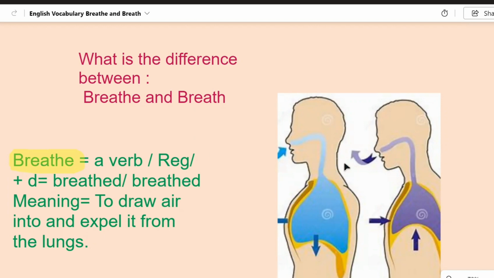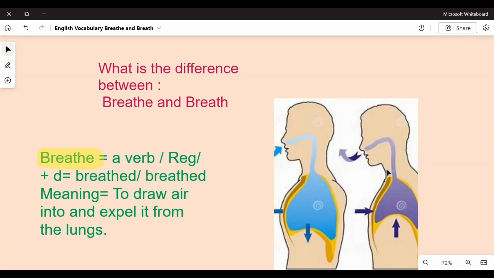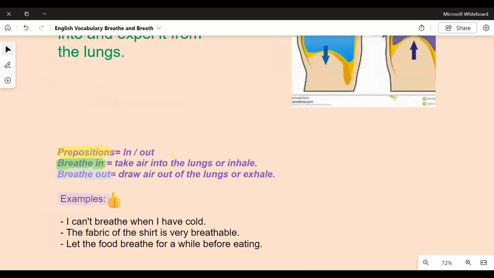Breathe in, breathe out. He breathes in, he inhales air inside. And here he exhales or breathes air out. So breathe in and breathe out. This is the verb.